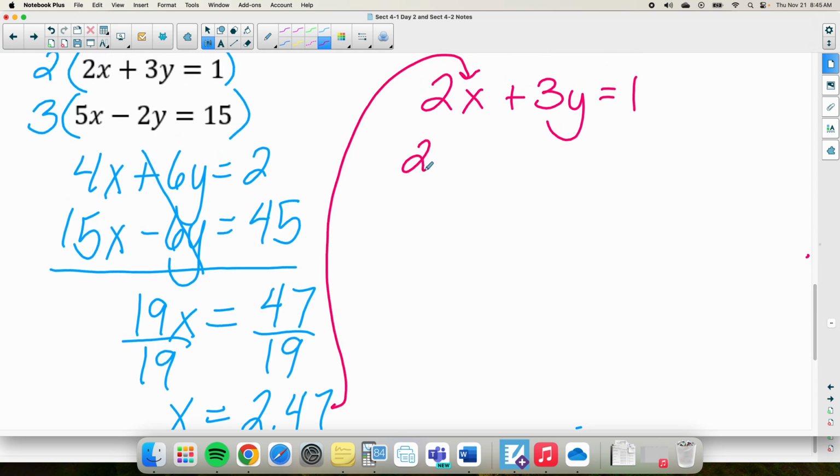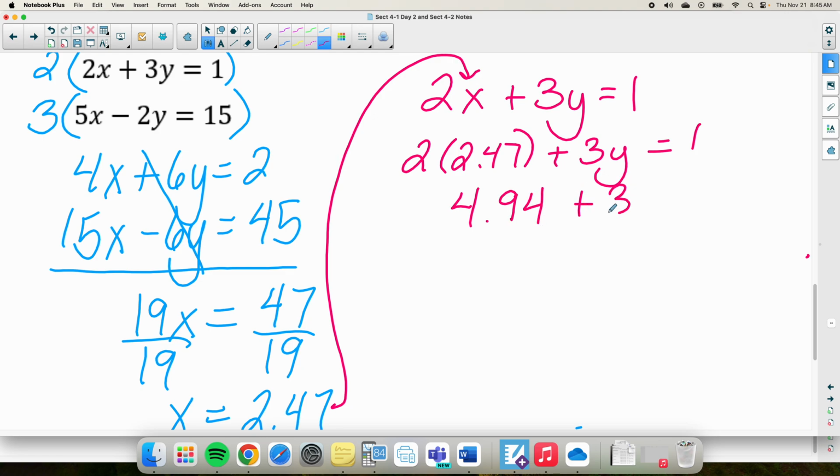So what we would do is go 2 times 2.47 plus 3y equals 1. 2 times 2.47 would be 4.94 plus 3y equals 1.